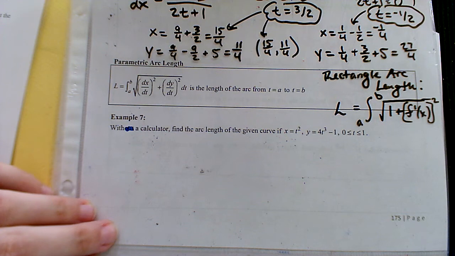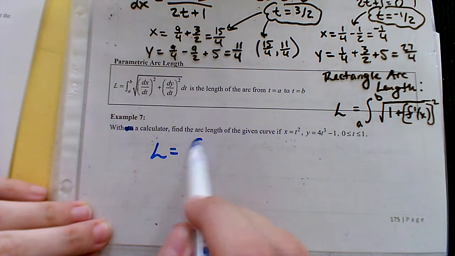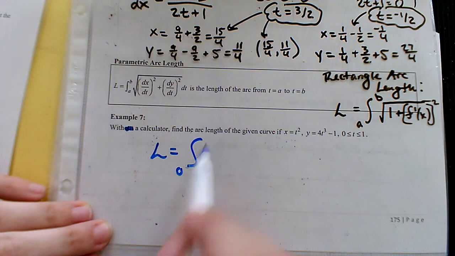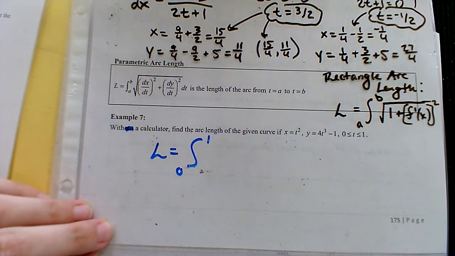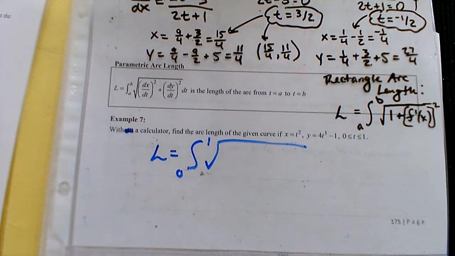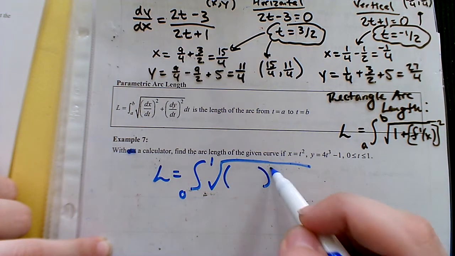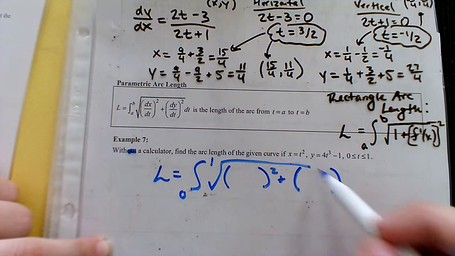Okay, so we're going to try to find the arc length of that parametric set. So integral from 0 to 1, square root, and then we need the sum of each individual derivative being squared.